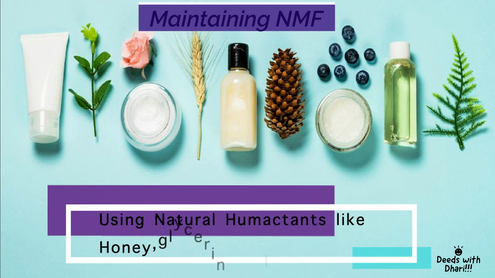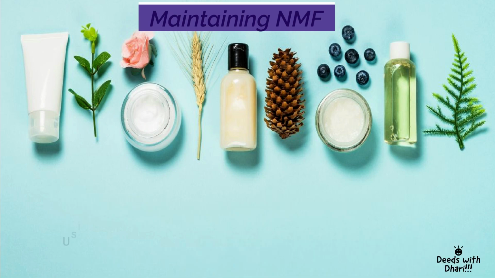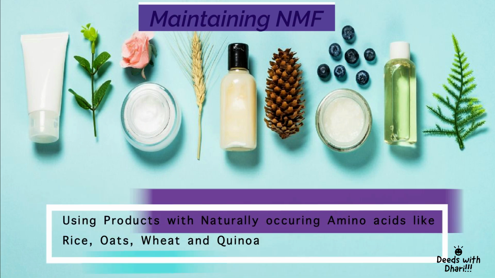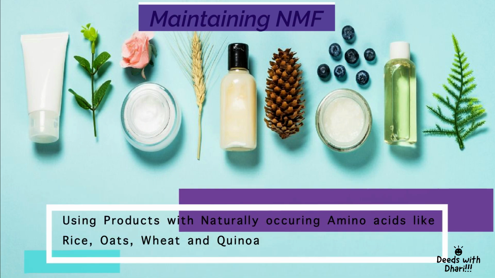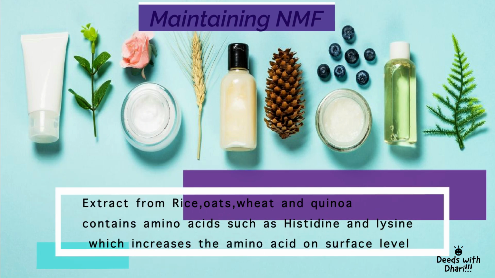Use other natural humectants like honey, glycerin, hyaluronic acid, etc., which will help draw additional moisture from the air to the skin. Use products with naturally occurring amino acids like rice, oats, wheat, and quinoa. A good extract from the above ingredients contains valuable amino acids like histidine and lysine, which are essential to increase the amino acids on the skin surface.